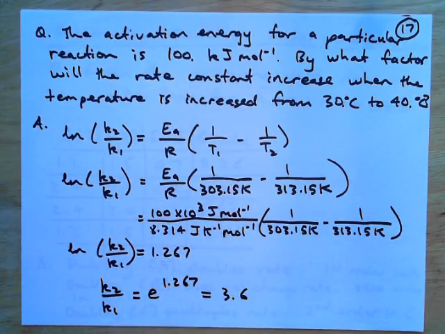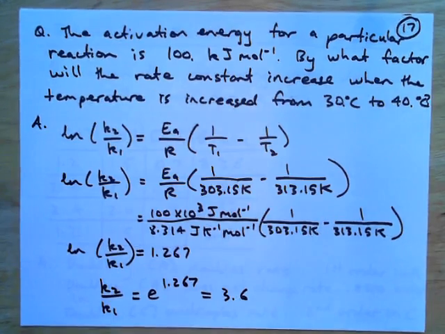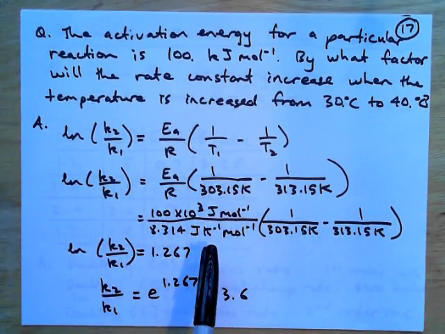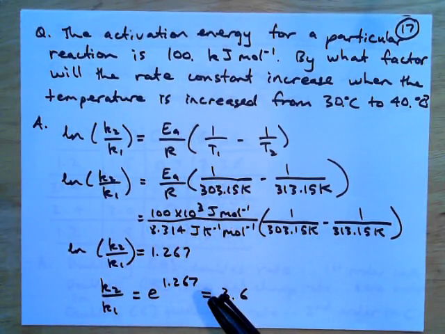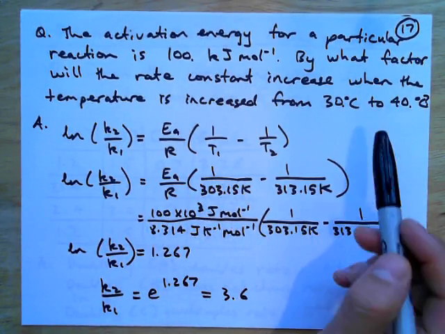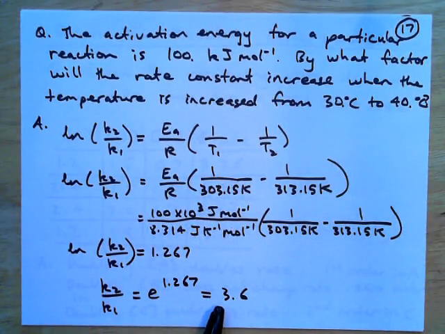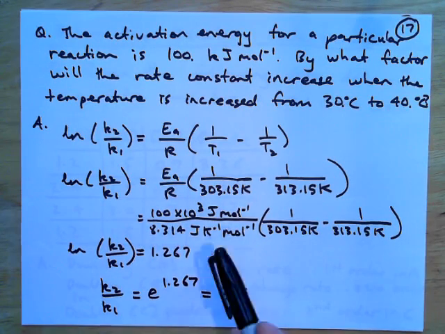But it's probably best if you do get a negative to go back and work it, unless you're looking at a decrease in temperature, then it should be a smaller value. It should be a value less than 1 right down here. Anyway, so all I've got to do is put in my values.